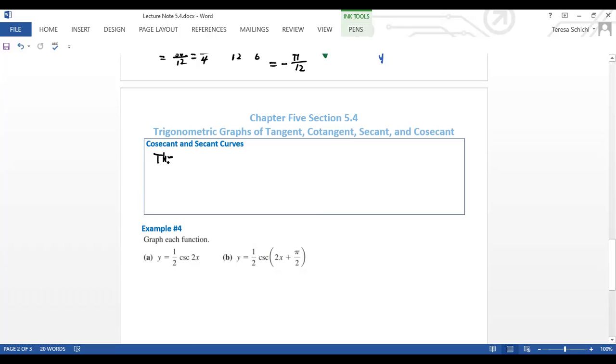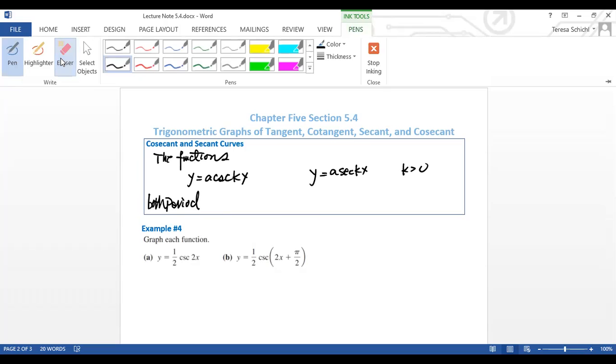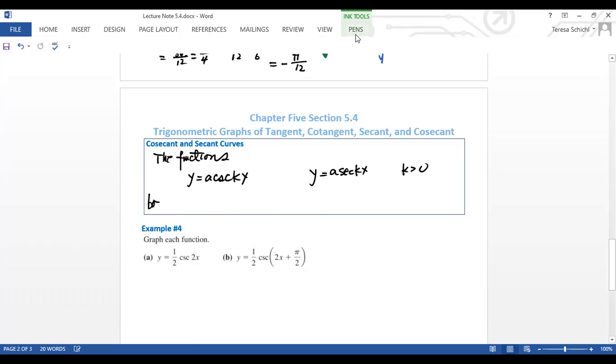For the functions y equals a cosecant kx and y equals a secant kx, for k greater than 0, both have the same period, because they are the reciprocals of sine and cosine. Sine and cosine have period 2 pi, so both have period 2 pi over k.